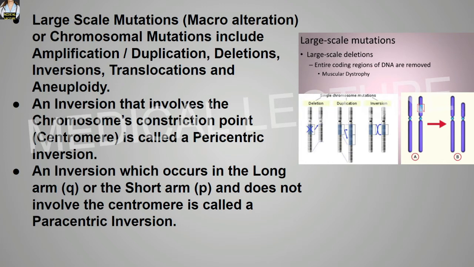So an inversion involving the centromere is known as a pericentric inversion, while an inversion involving the arms, either short or long, and not involving the centromere, is known as the paracentric inversion.